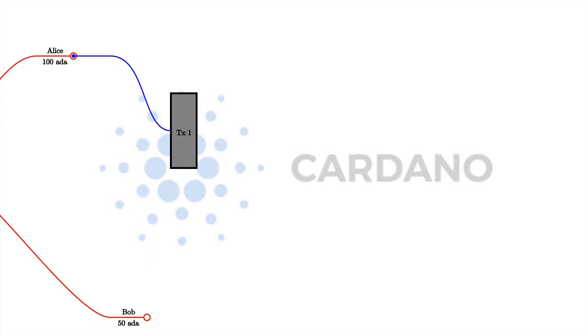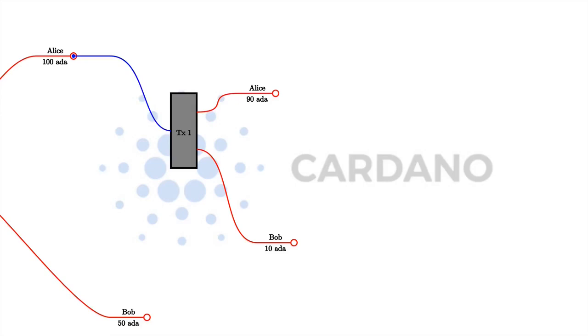So one output will be 10 ADA to Bob. And then she wants her change back. So she creates a second output of 90 ADA to herself. And so this is how, even though you always have to consume complete UTXOs, you can get your change back. So you consume the complete UTXO, but then you create an output for the change.